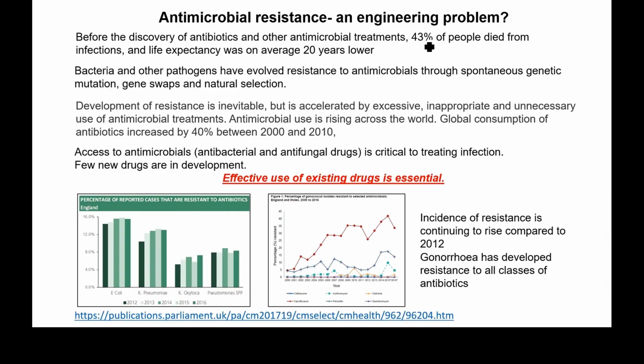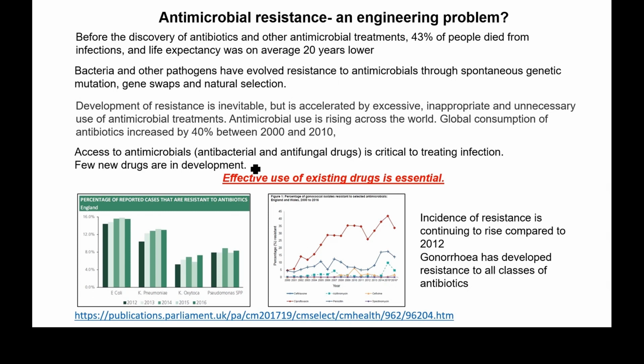Why is this an engineering problem? Well, antimicrobial resistance is an existential threat, certainly one of the top 3 threats to human life and health at the moment. Bugs have evolved resistance. Before antibiotics, around 2/5 of deaths were caused by infection, and life expectancy as a consequence is 20 years lower.